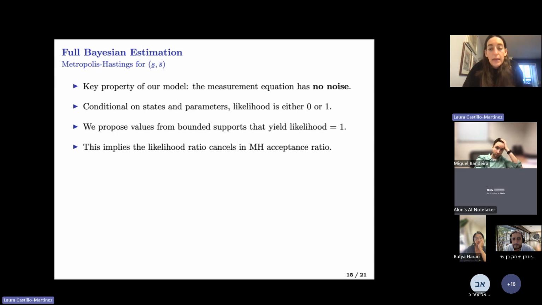Right, Miguel? I think there are two important things. One thing is we're tying ourselves to a random menu cost model, so the measurement equation comes from that. The no noise is not our assumption.